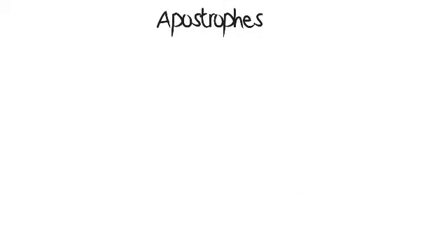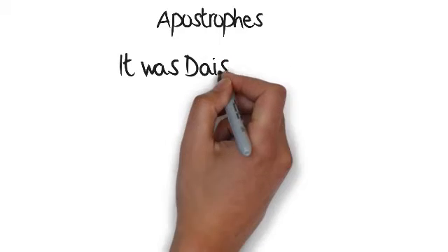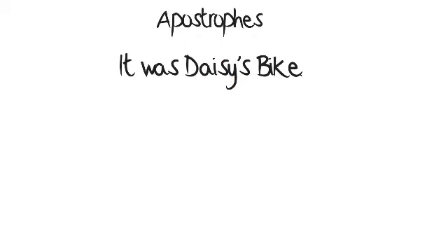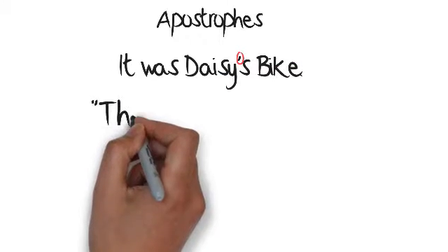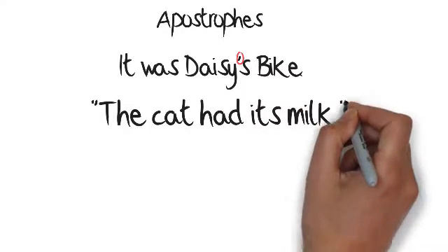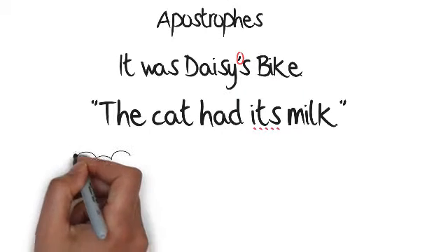Apostrophes. If something belongs to something else, you add an apostrophe and s. For example, it was Daisy's bike. If you're using "its", though, an apostrophe isn't needed. For example, the cat had its milk. Groups of people or things can be a bit more difficult.